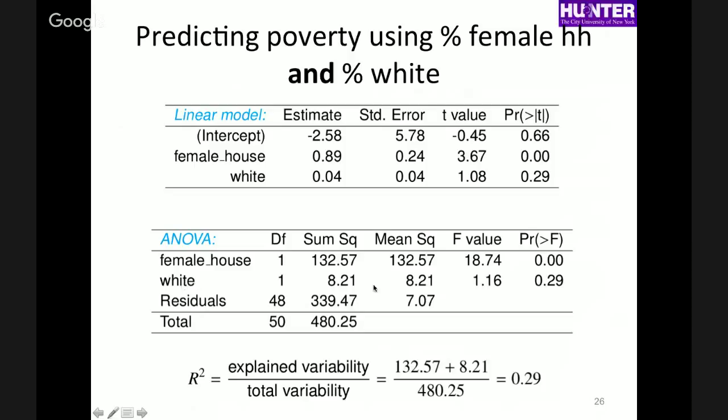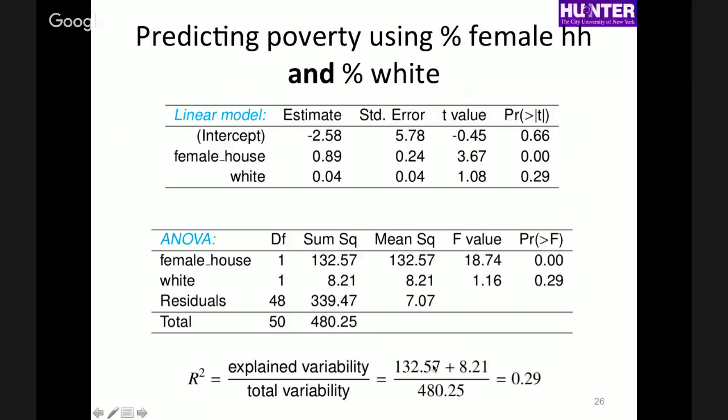And it just adds another row to this analysis of variance table. You see that the variance explained by this variable is quite a bit less than the fraction of female heads of house. This corresponds to what we saw in those scatter plots. We saw not a very strong relationship between the percent white variable and a stronger association with female heads of household.